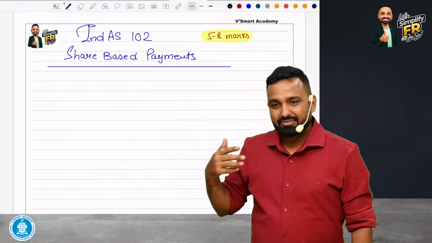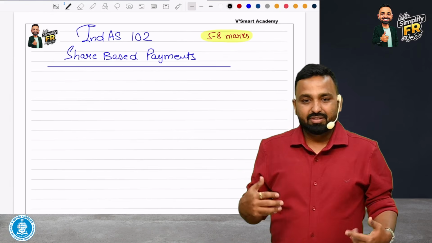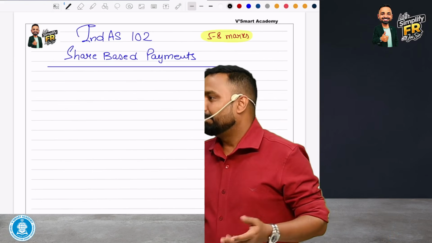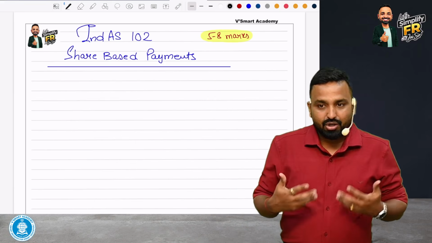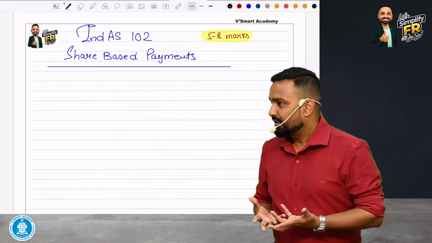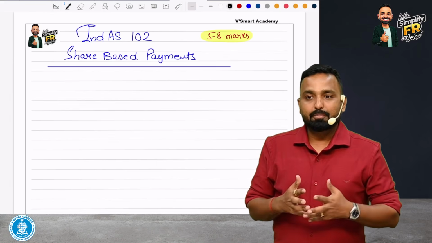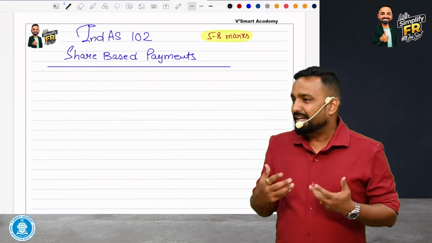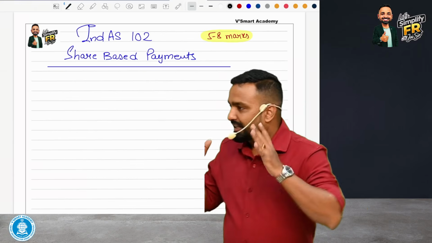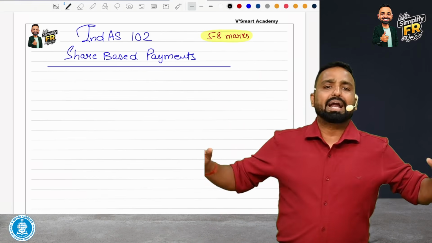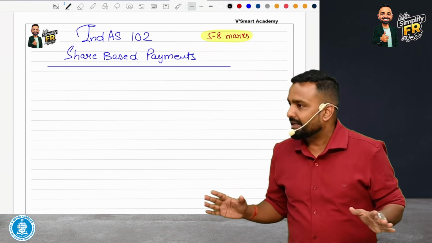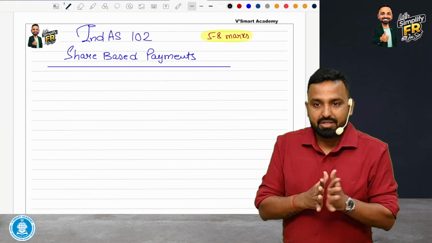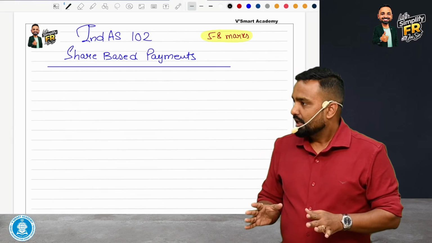We know that we have already read those, and if I start with them you will remember them too quickly. But I want a new start, and not boredom, because when I start with Ind AS 2 and all, it will make it boring. So we'll start with Ind AS 102, a pure practical chapter, with a very good marks weightage, 5 to 8 marks, fully practical.